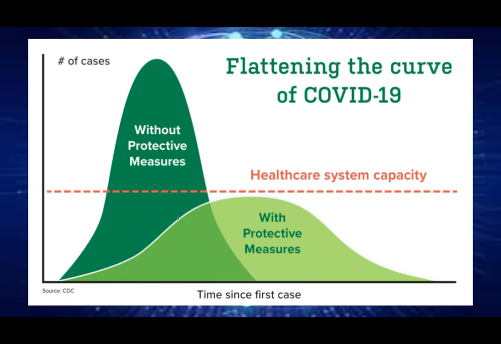Okay? When you think of Kent County, we have a rise right now of cases happening. However, right now it's within our healthcare's capacity to deal with those cases. As opposed to you look at New York and Detroit, where that curve and that exponential growth has exceeded their carrying capacity and ability to treat.